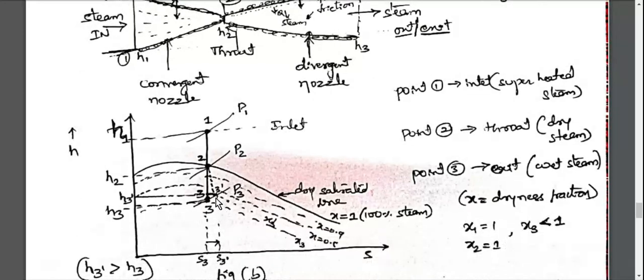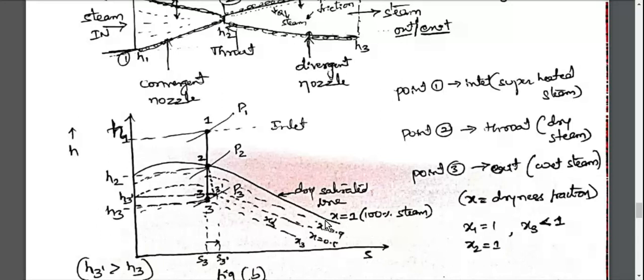So due to the factor of friction, the enthalpy increases. That is one point. The second point is, observe the dotted curves here. The thicker line is the dry saturated line, that is x equal to 1. What does it mean? 100% steam. There are no water particles.